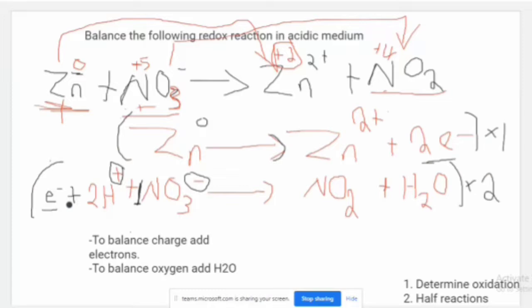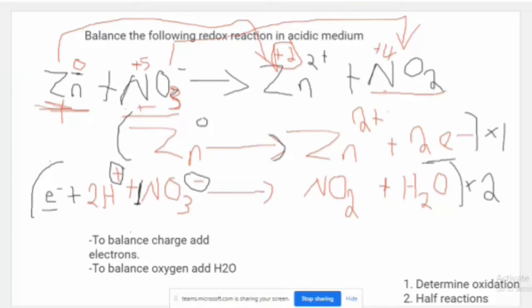Is it clear why I've chosen 2 and 1 here? Yes, you said balancing so we can have the same electrons on the half equations. Correct.